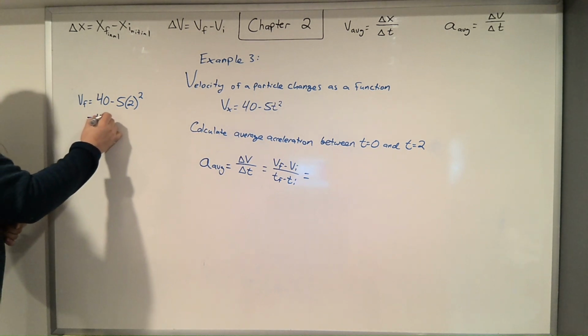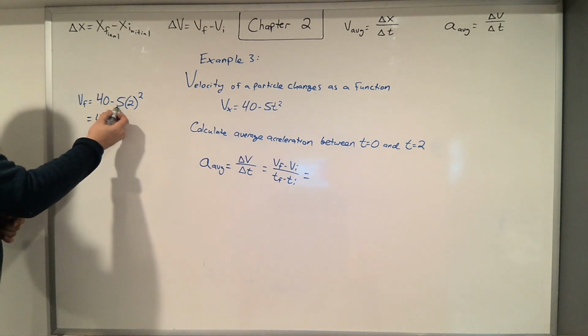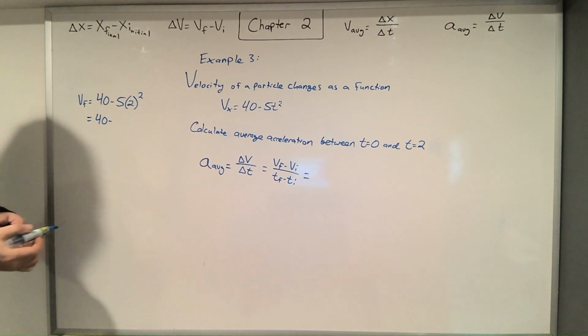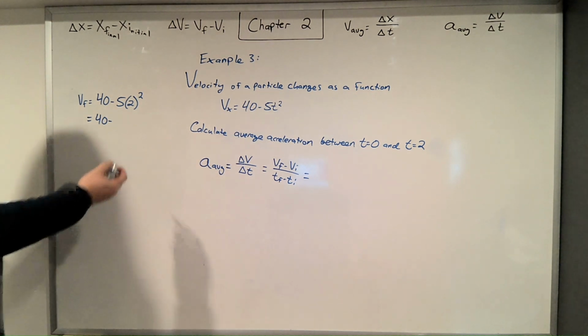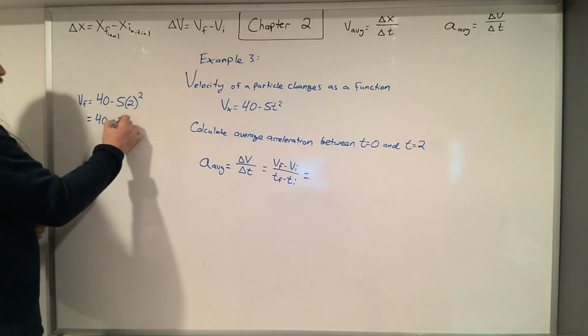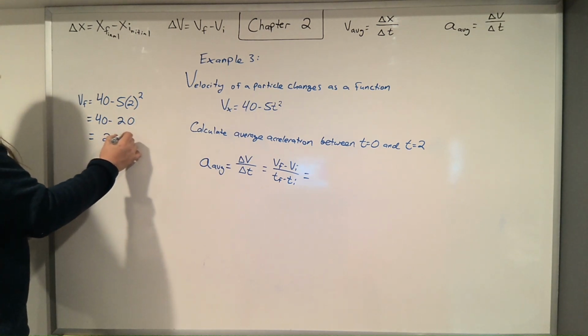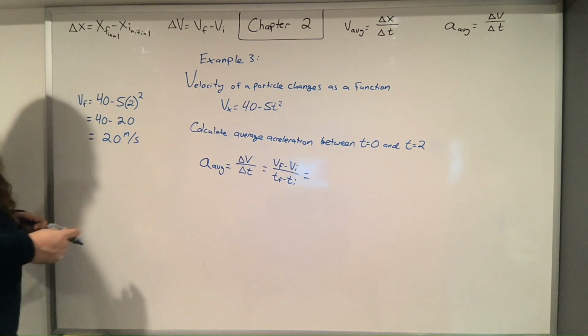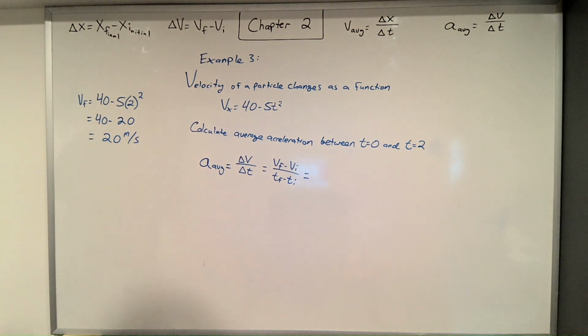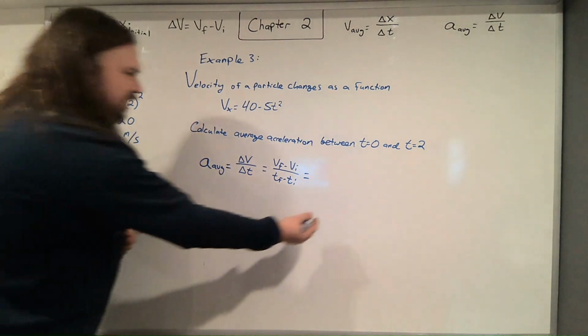Well, 40 stays the same. 2 squared becomes a 4, right? 4 times 5 gives us a 20. 40 minus 20 just leaves us with 20 meters per second. Okay, so our VF is 20.